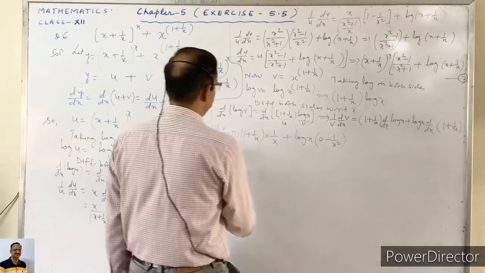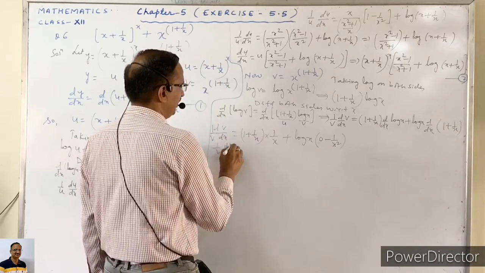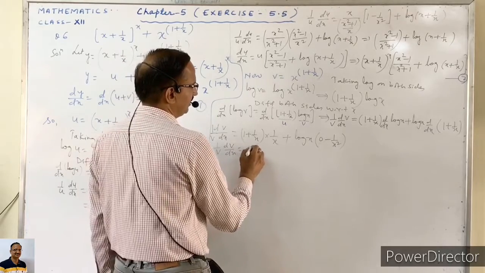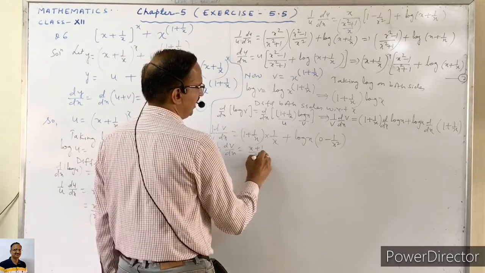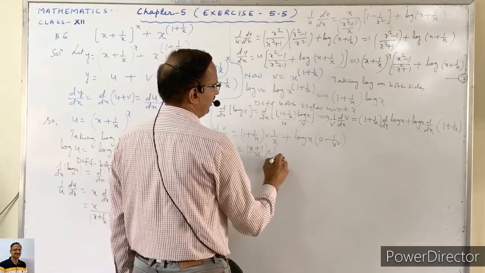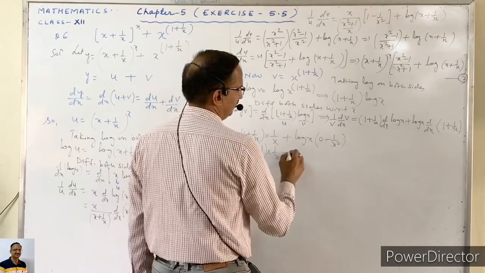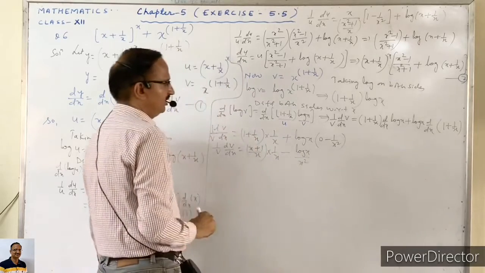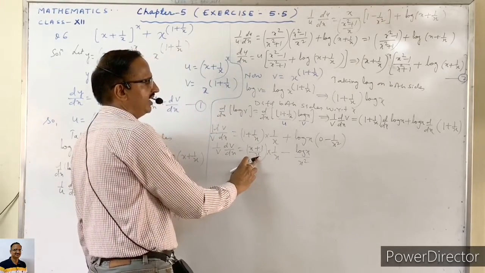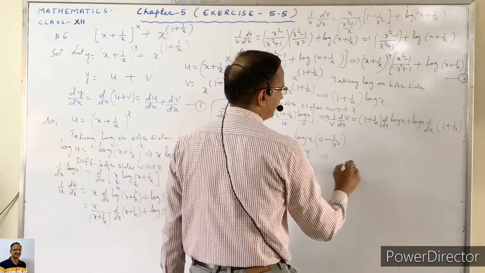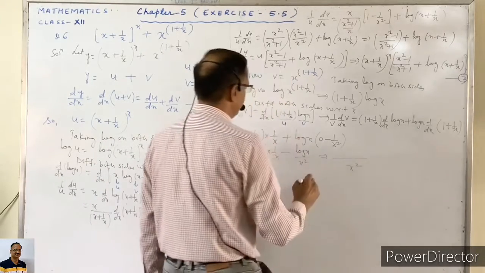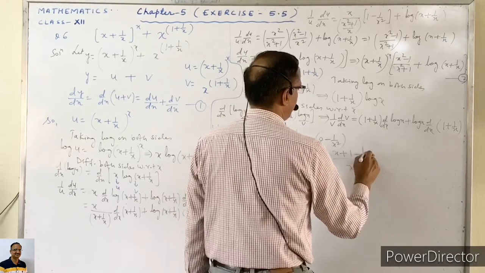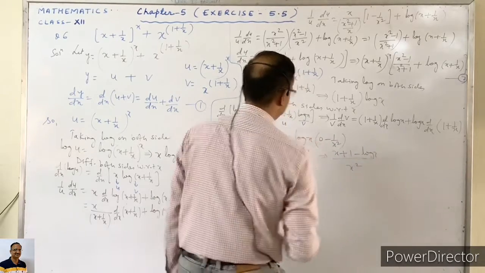So this can be written as 1 by v dv by dx equals, when we simplify this, (1 + 1/x) times 1/x, now minus log x by x square. Now this is x and x is x square. So x square is the LCM. When we simplify this, we will get (x + 1 − log x)/x².